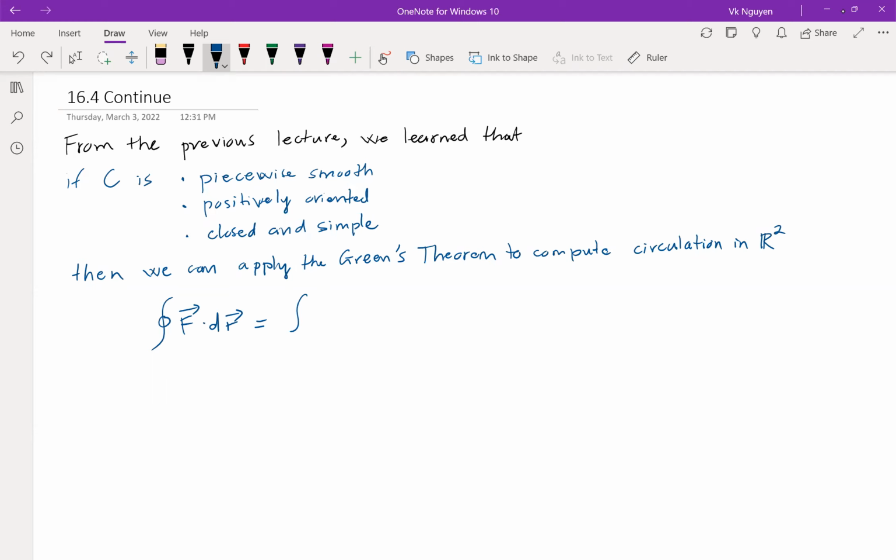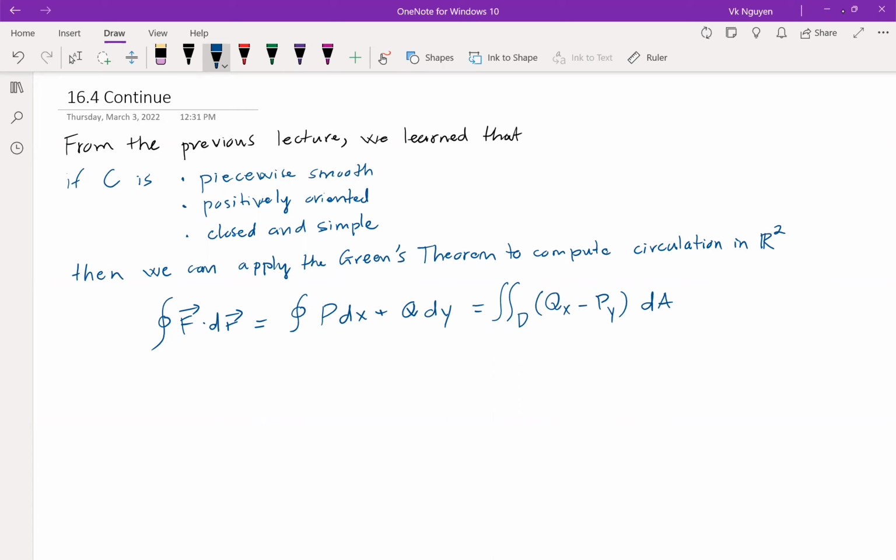You can break it up component wise: P dx plus Q dy, and this is equal to the big circulation, which is the sum of all the smaller circulation over that region D formed by the curve C. And this one is Qx minus Py dA. Yeah, it's the Green theorem here.